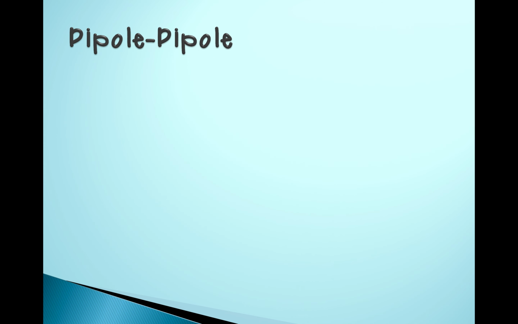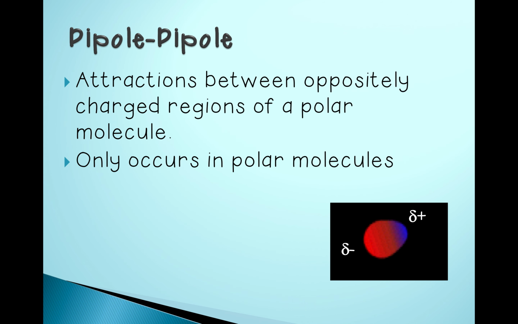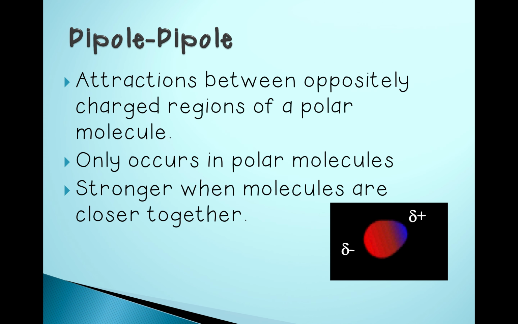Next up, we have a dipole-dipole force. So dipole-dipole is an attraction between oppositely charged regions of a polar molecule. Basically what that means is we have a polar molecule, and so the opposite regions of the polar molecule, the positive and the negative, are attracting here. These will only occur with polar molecules. So in order to have a dipole-dipole force, we have to have a polar molecule.